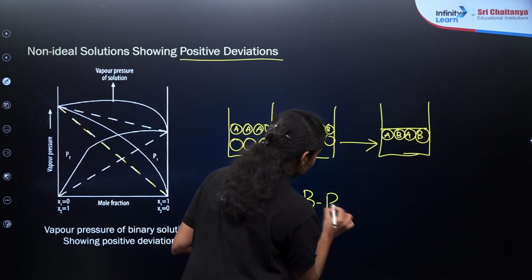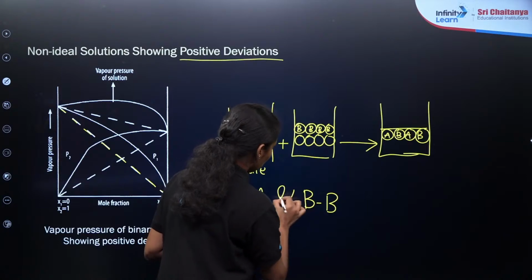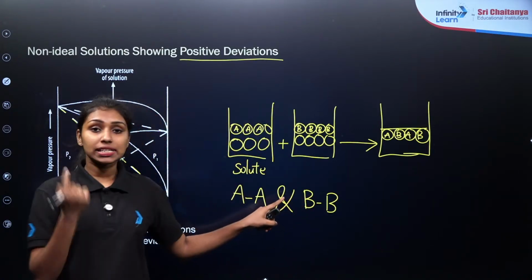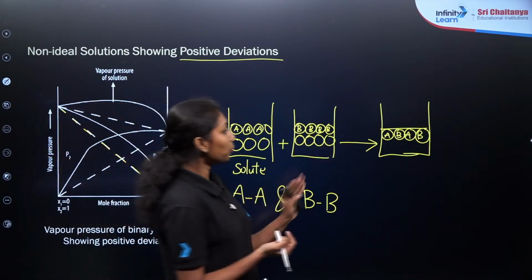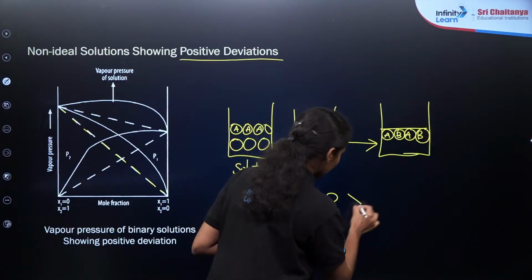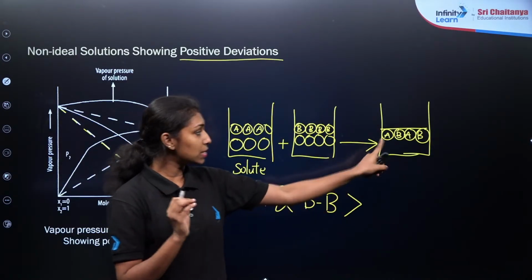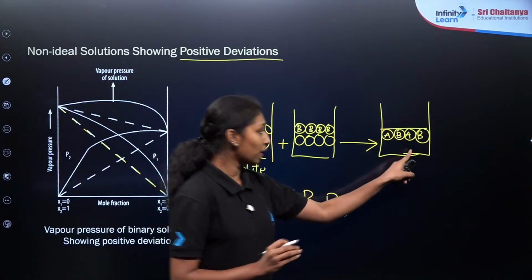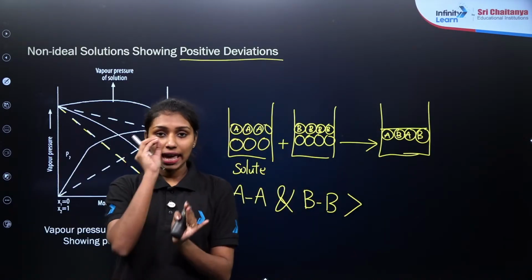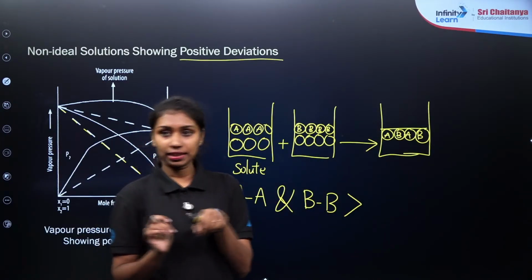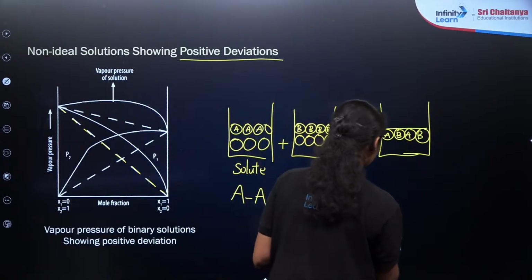These AA and BB interactions are stronger as compared to AB interactions. We can say that in this solution A and B are the solute and solvent respectively, and in the solution phase the interaction between A and B is very weak.